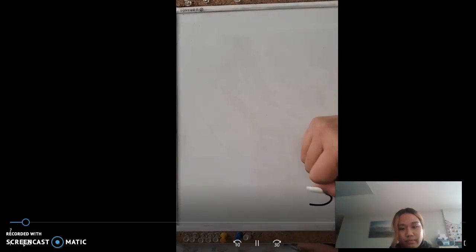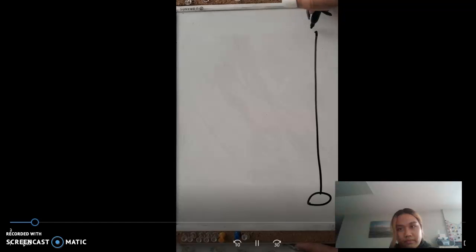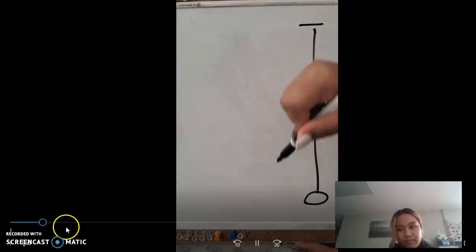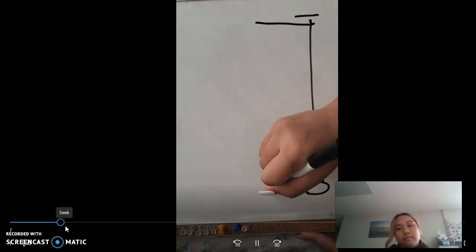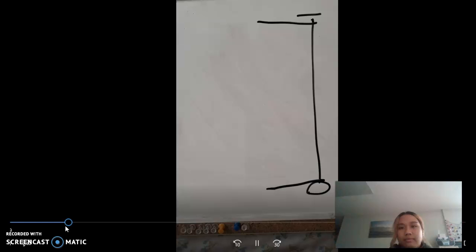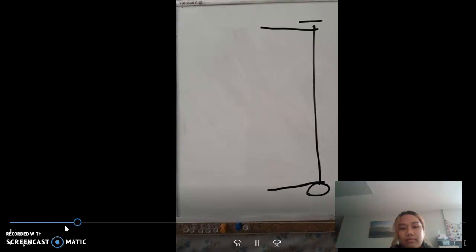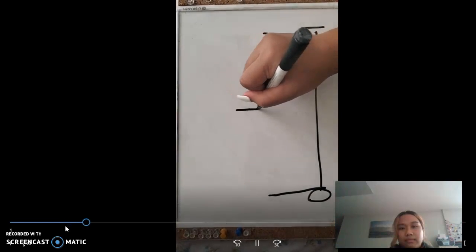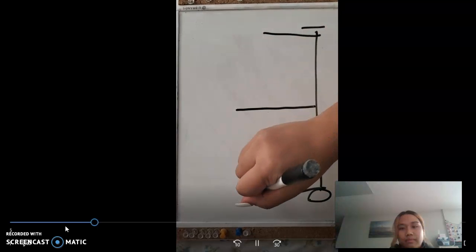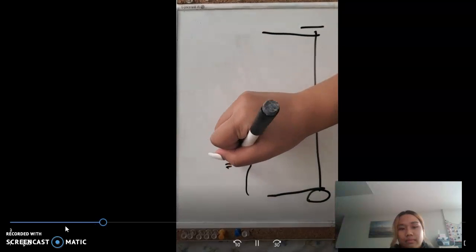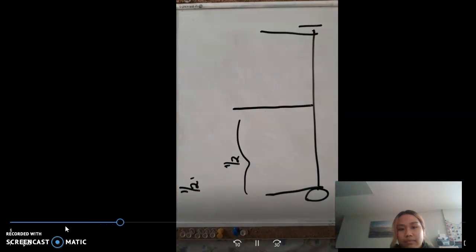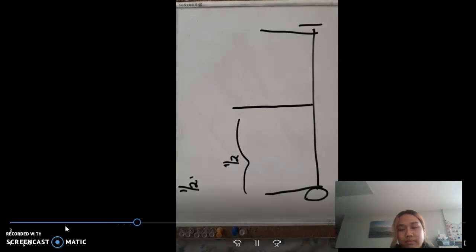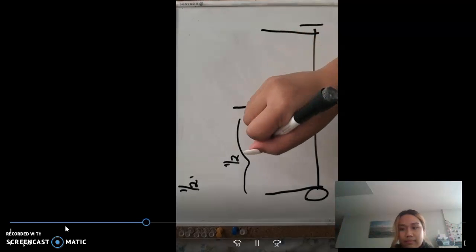Let's start by drawing our 1 inch on our ruler. Let's say, for example, this is our 1 inch. To get 1/2 of an inch, let's divide 1 inch into 2. So this is our 1/2 of an inch. Now, to get 1/4 of an inch, let's divide 1/2 into 2 as well.